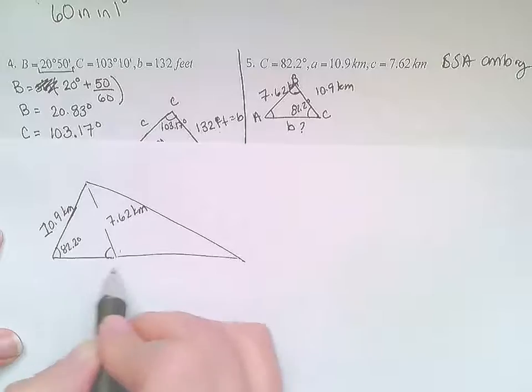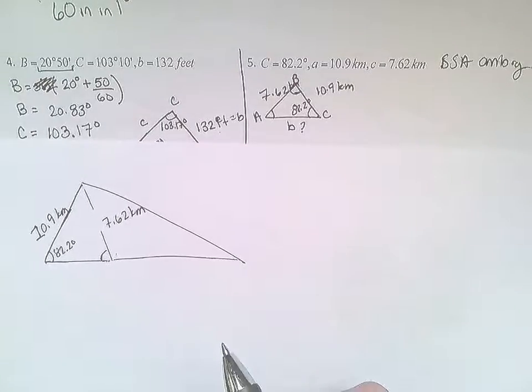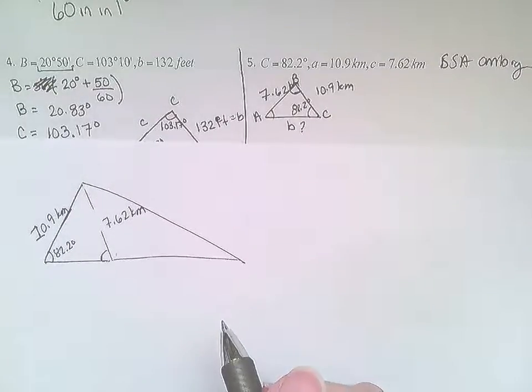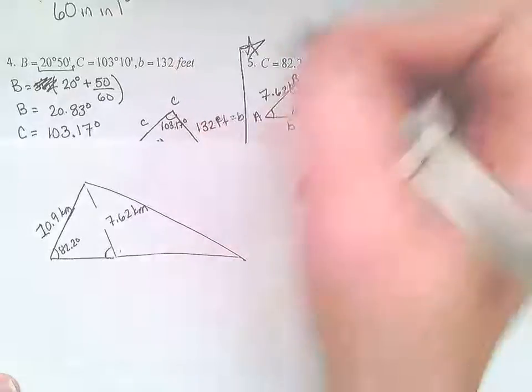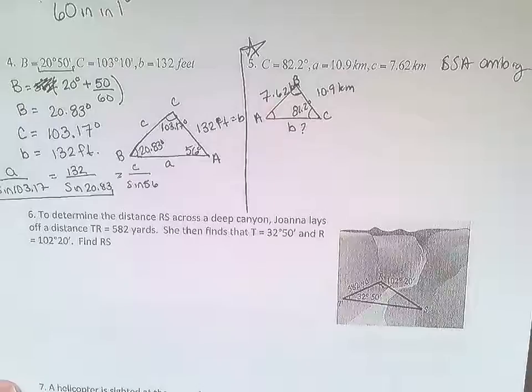I know I just drew this completely wrong, and I'll explain this better in class with some better pictures, but I don't want this video to go on forever. So let's just leave this for class tomorrow. Alright, moving on to number 6.